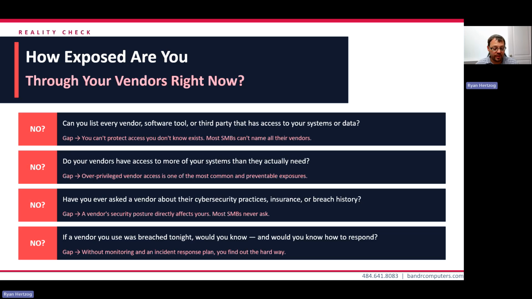And if they did say, hey, we had a breach, somebody accessed our systems that shouldn't have, how would you respond? What would you do? It's important to have this information ready, which goes to the incident response plan. An incident response plan is not only for when your business directly suffers a breach, but it can or should also include when a vendor suffers a breach.